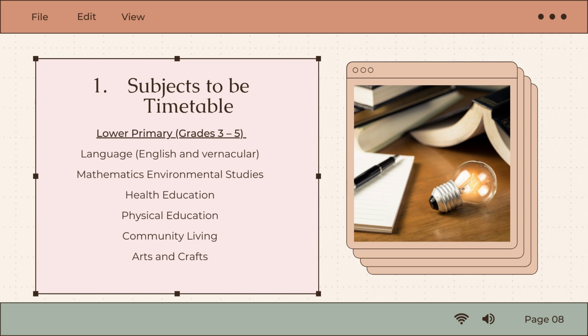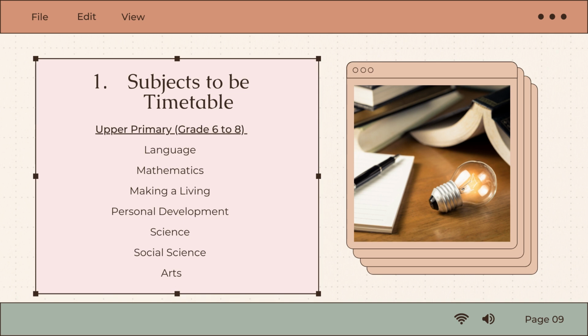So based sa akong presentation, kani siya nga mga subject, these are the important subjects to be taught in a multi-grade classroom. So the upper primary from grade 6 to 8, same language, mathematics, making a living, personal development, science, social science, and art. So same ra sila sa lower primary, upper primary.